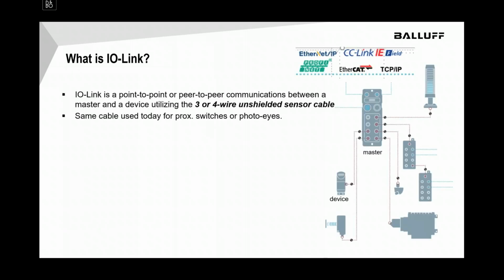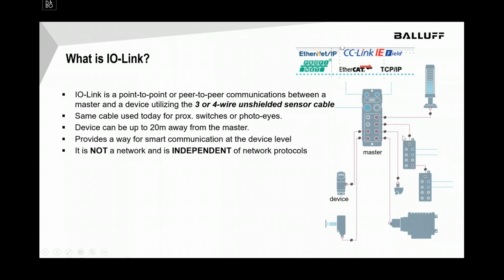So what is this I/O link? So I/O link is a point-to-point or peer-to-peer communication. That means from one master port to one device, that's what it can communicate. And it can utilize 3 or 4 wire unshielded sensor cable, the same cable that we have been using for ages. The devices can be about 20 meters away from the I/O link master ports.